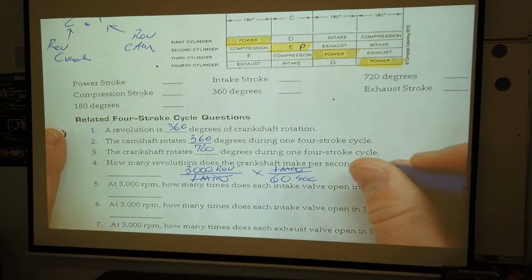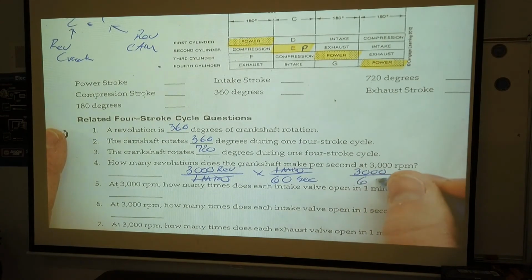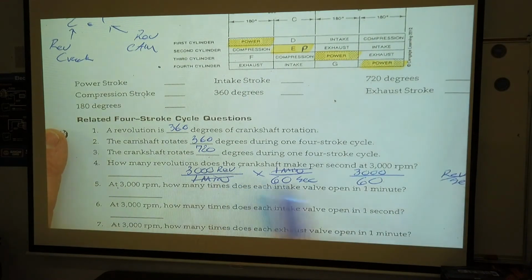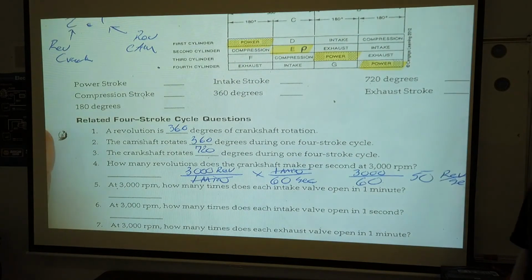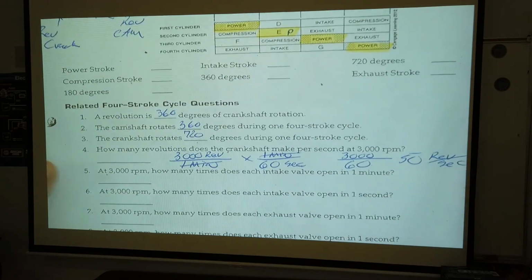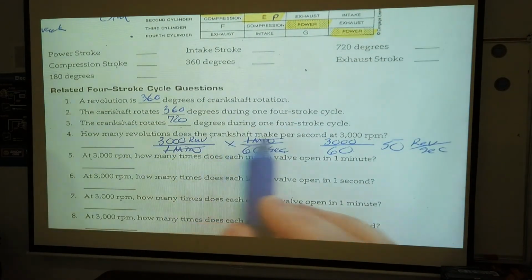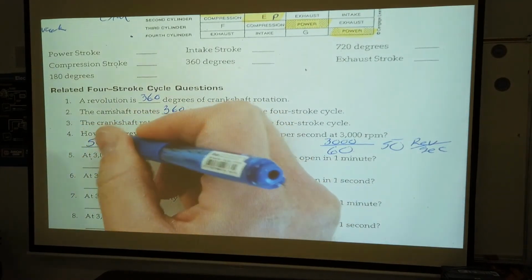Then I get 3,000 divided by 60, and that will give me revolutions per second. So 3,000 divided by 60 gives me 50 revolutions per second. The answer to how many revolutions does the crankshaft make per second at 3,000 RPMs is 50 revolutions.